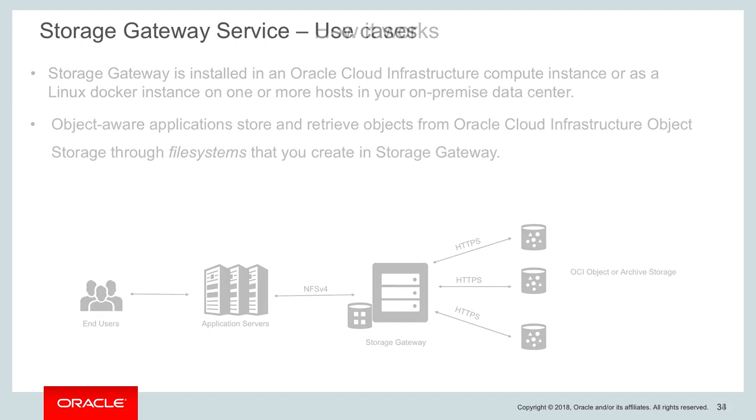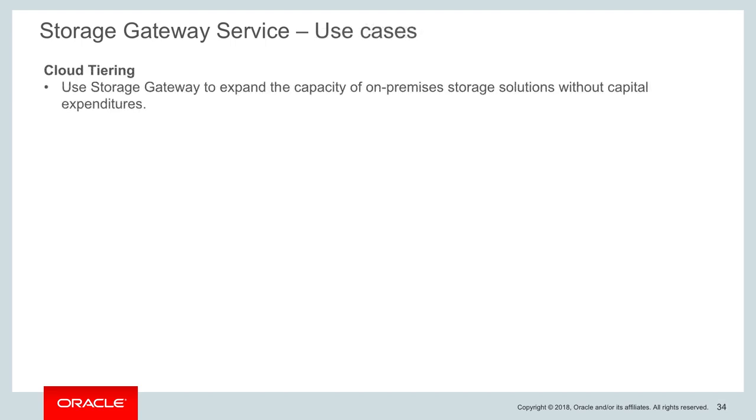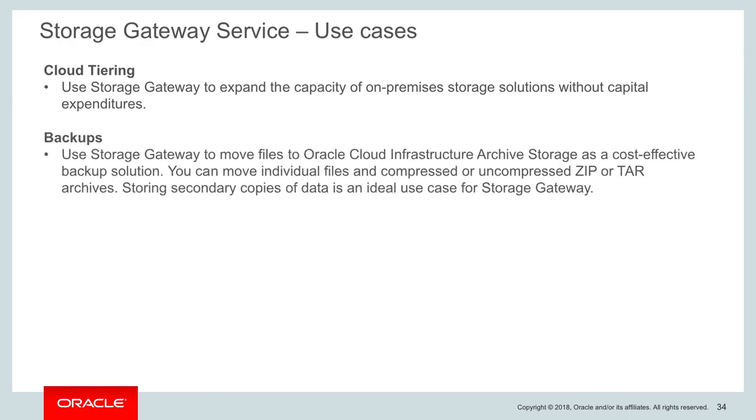Okay. So what's the use case for storage gateway? Cloud tiering: use storage gateway to expand the capacity of on-premises storage solutions without capital expenditures. Backups: you can use the storage gateway to have your backup plan, right? You can use that to copy data from on-premises and send that over to the cloud.